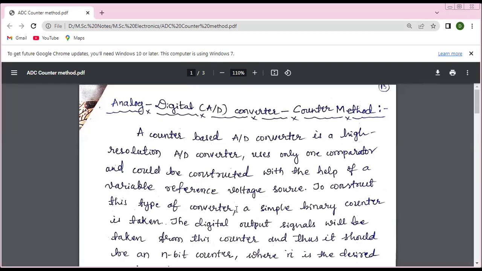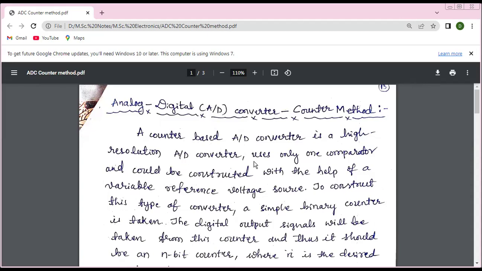So, the circuit type used here is a counter type circuit. Of course, there are many others, and first I am going to explain this one, and later I will explain all other methods.